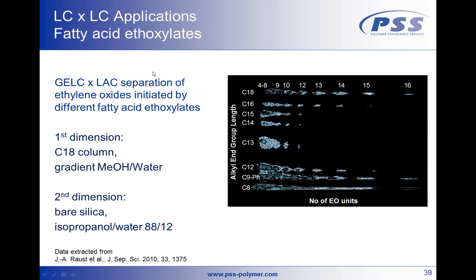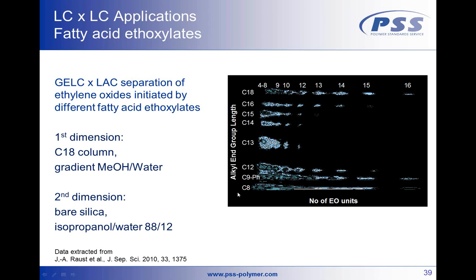You can regard this as block copolymers or also as a separation according to functional end groups. These are fatty acid ethoxylates, so it's basically polyethylene oxide, initiated by alcohols of various lengths.